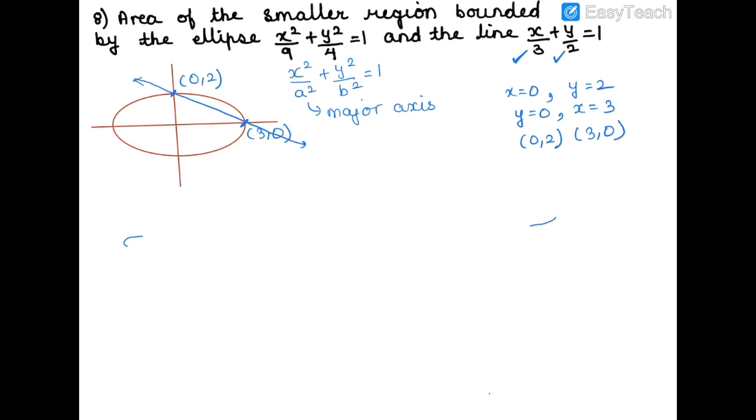And I have been asked to find out the area of the smaller region. This one. So area of the smaller region means, this means that I have to find out area below this curved part minus area below the line. Now if you look at this line, basically you are subtracting a triangle.